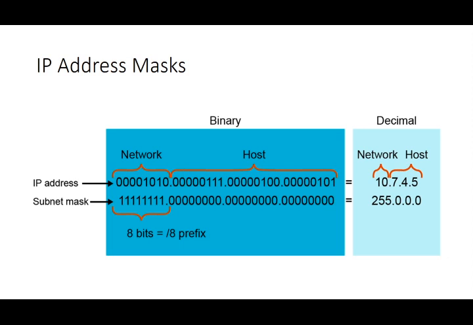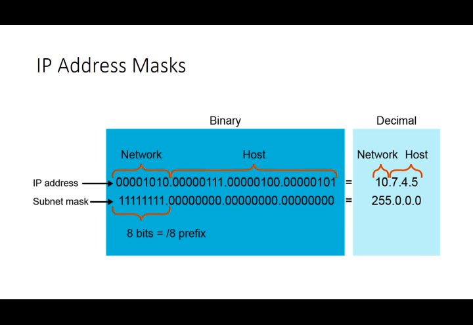All of the bits that are set to 0 in the subnet mask, those corresponding bits in the IP address are host bits. Therefore, when we convert this binary value to decimal, the 10 portion of the IP address is the network ID, and the 7.4.5 portion of the decimal value is the host portion of the address.